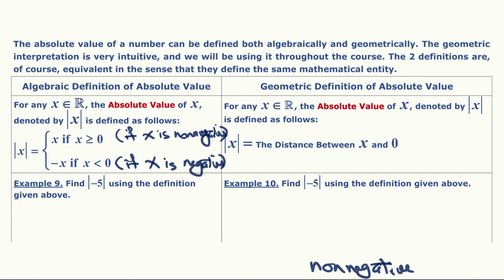All right, so let's go ahead and look at what the absolute value of -5 would be using this algebraic definition of this function. Actually, it turns out to be a function as well.